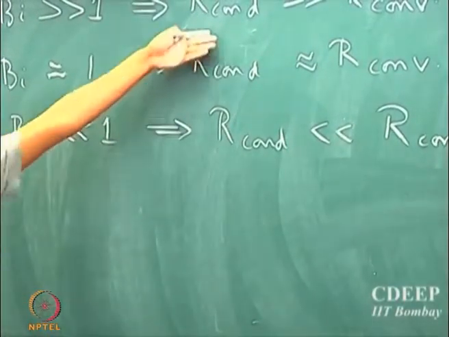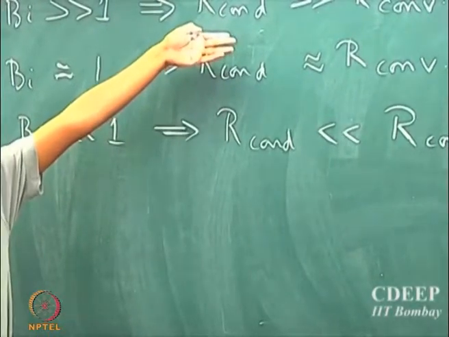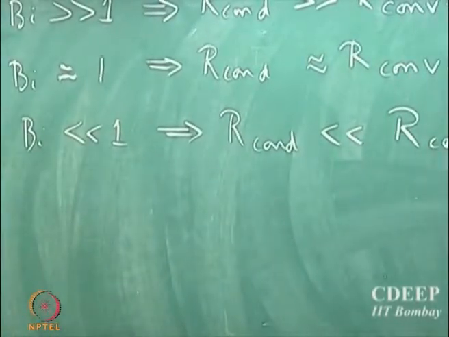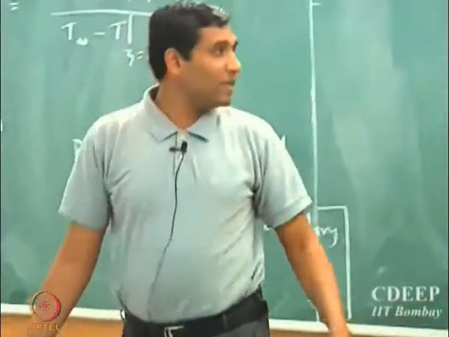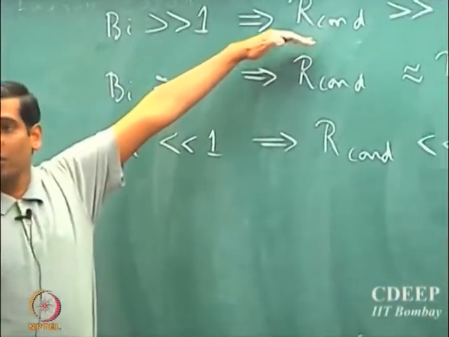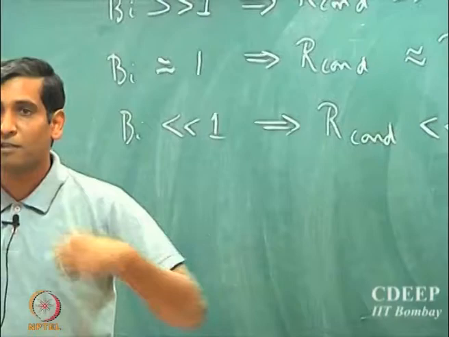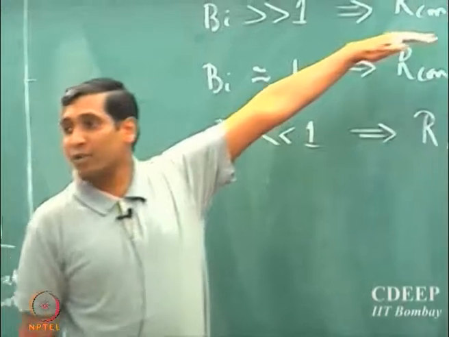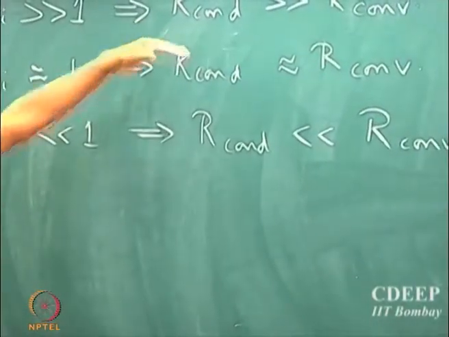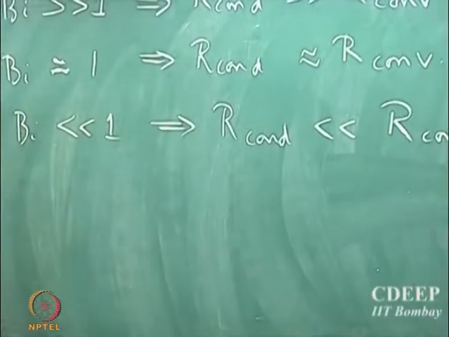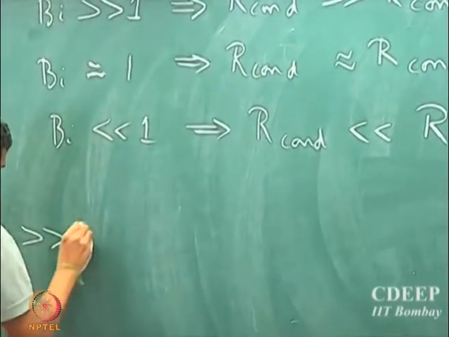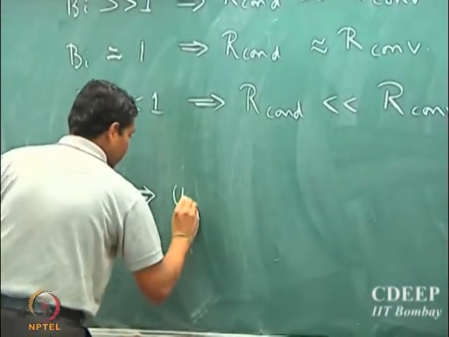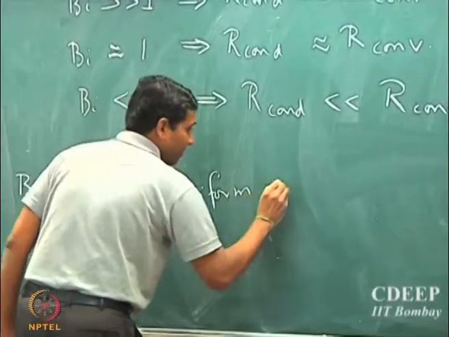So when conduction resistance is very large, can we use lumped capacitance method? Why? Why can't we use? Right. So when the resistance to conduction is very high, you should always translate resistances to the temperature profile. Whenever the resistance is very large, you cannot assume uniform temperature. So this means, when Biot number is larger than 1, uniform temperature assumption is not valid.